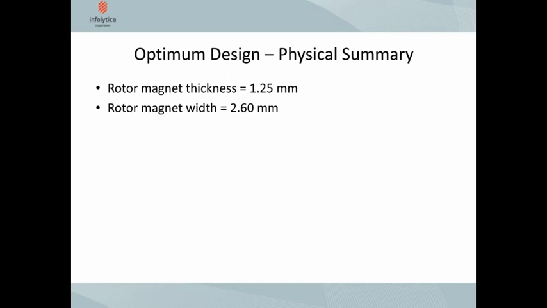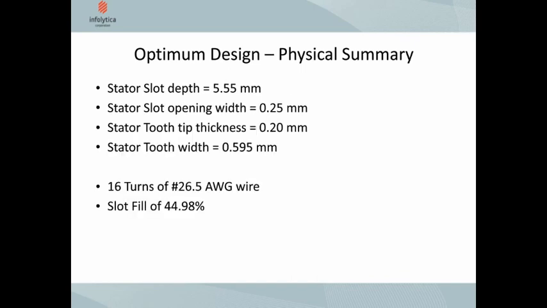The tooth tip thickness is 0.2 millimeters. The tooth width itself is 0.595 millimeters. With this configuration, I can put 16 turns of 26.5 wire gauge in it, and we have a slot fill of roughly 44.98%, and we satisfy all of the criteria that we need to move forward.